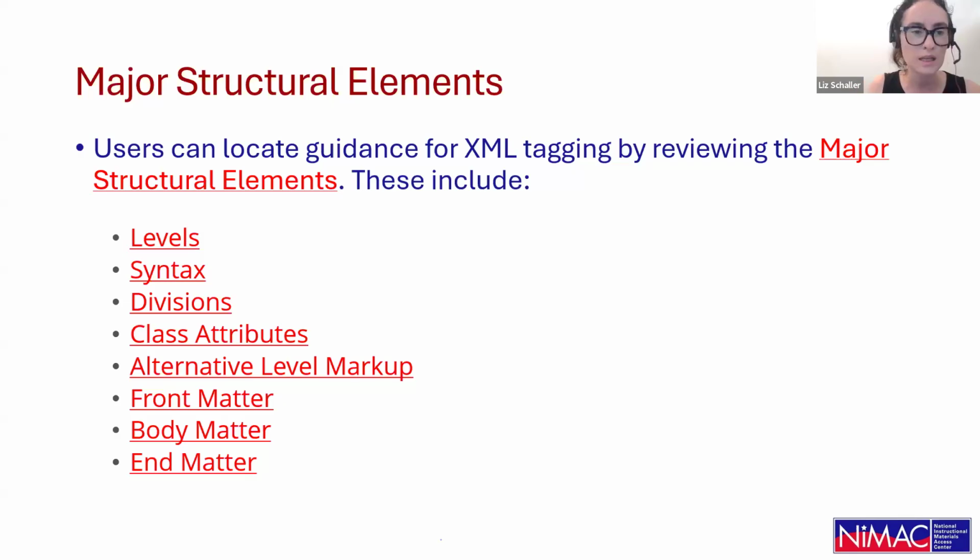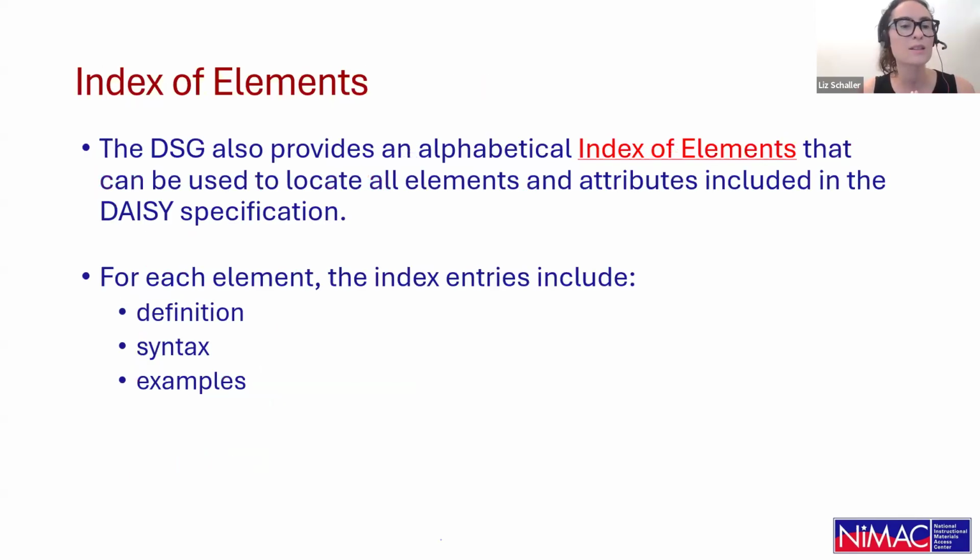So this is one way to go through the DAISY structure guidelines and look for the particular information that you need. The other way, and I think this is the way that I tend to utilize the structure guidelines more, is to go through the alphabetical index of elements. And that can be used to locate all of the elements and attributes that are included in the DAISY specification. And for each element, the index entry will include a definition of the element, the syntax, as well as examples.